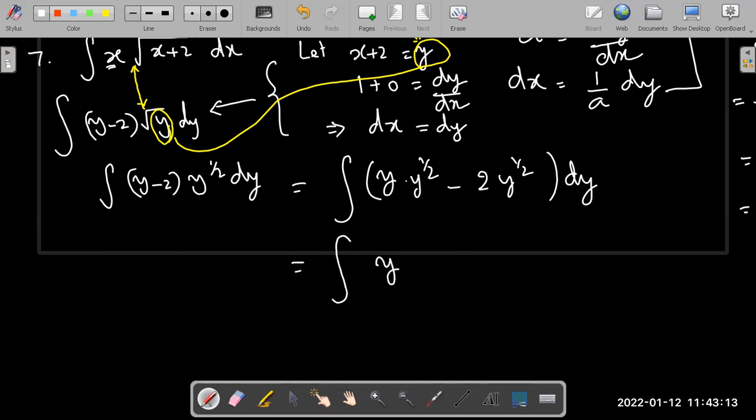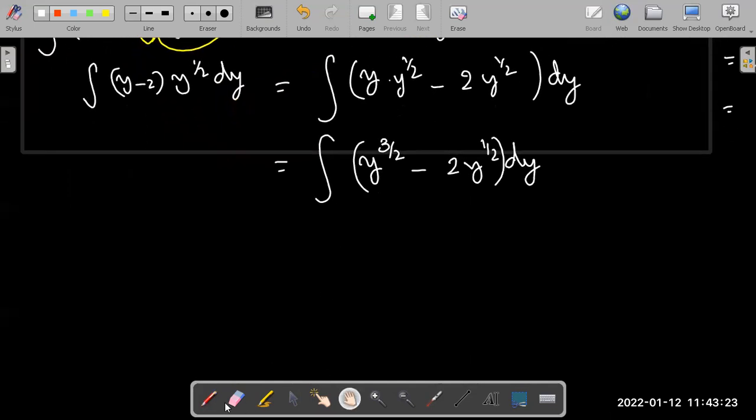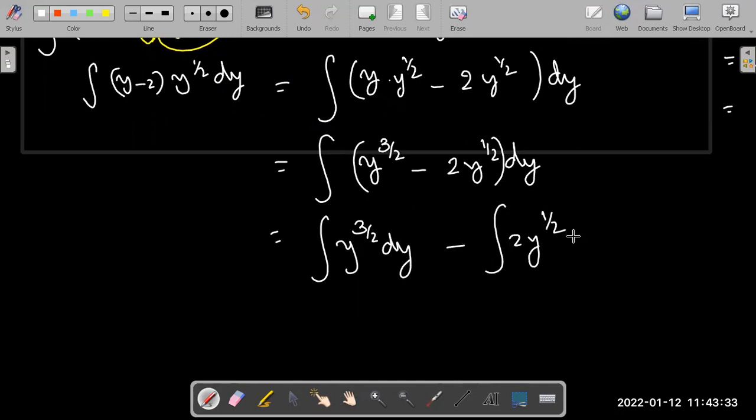So you get y to the power of 3 by 2 minus 2y to the power of half and dy. So you split it into two functions: integral y to the power of 3 by 2 dy minus integral 2 y to the power of half dy.